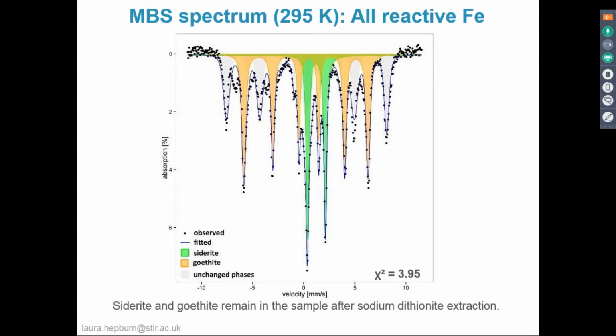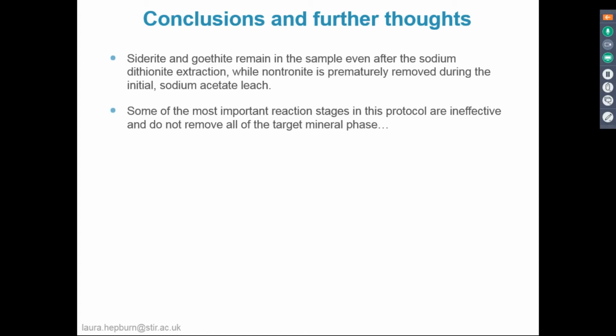Now, what are the implications of this? Well, this is showing that not only are some of these stages ineffective, but some of the stages are not even targeting the exact mineral group that they're supposed to.